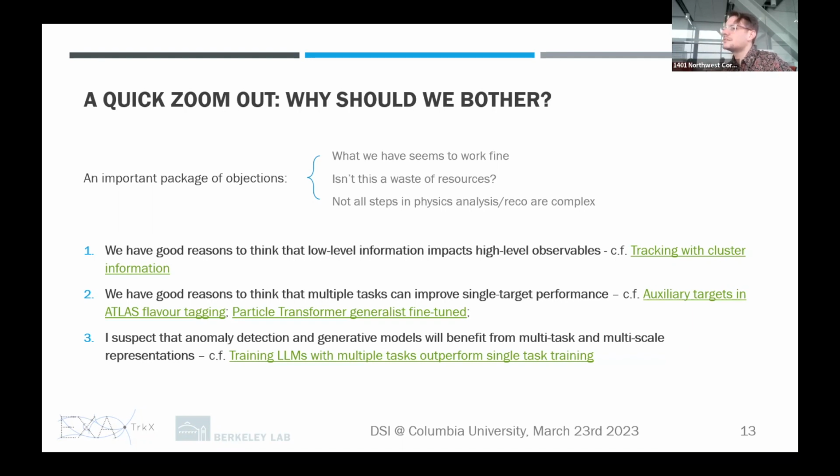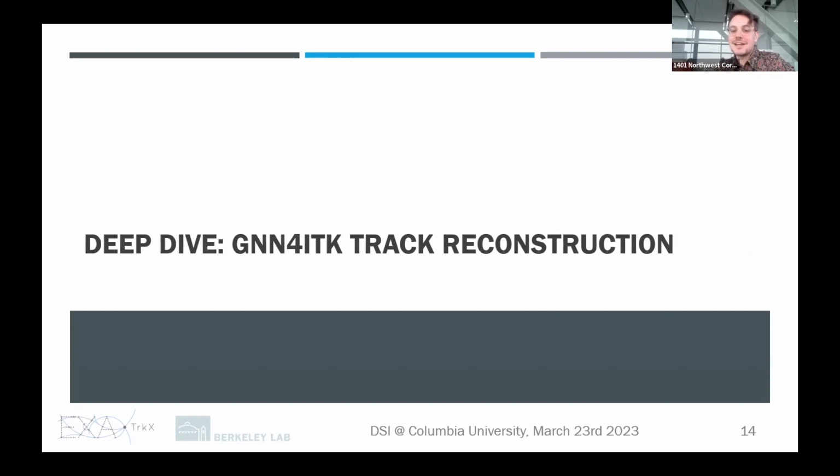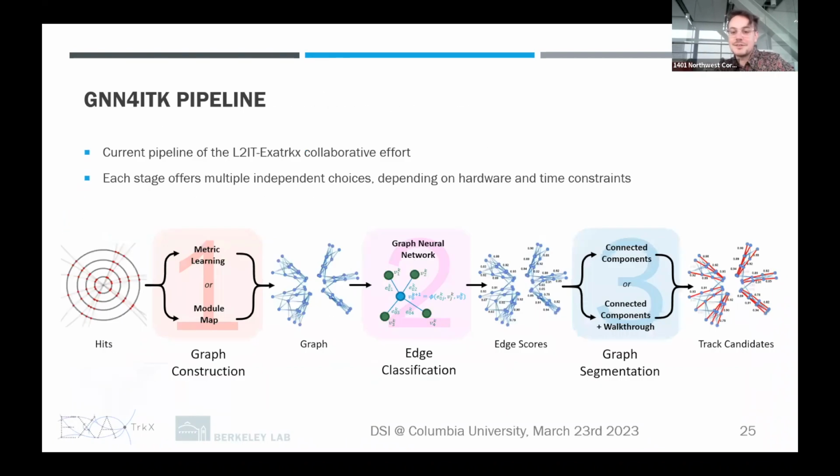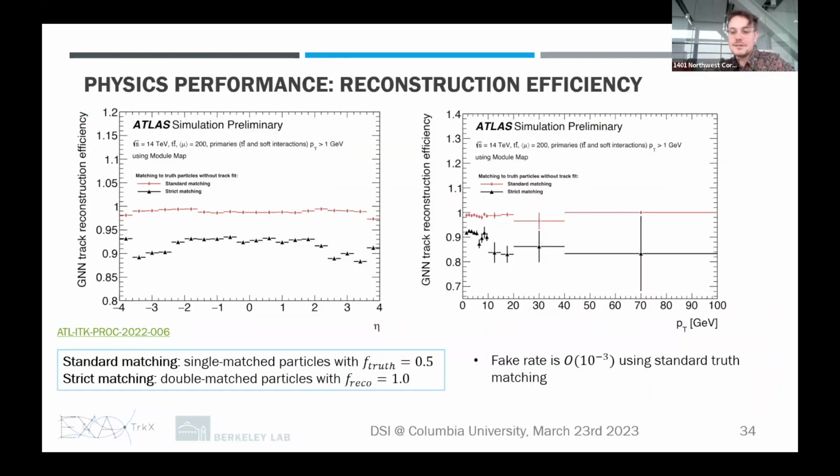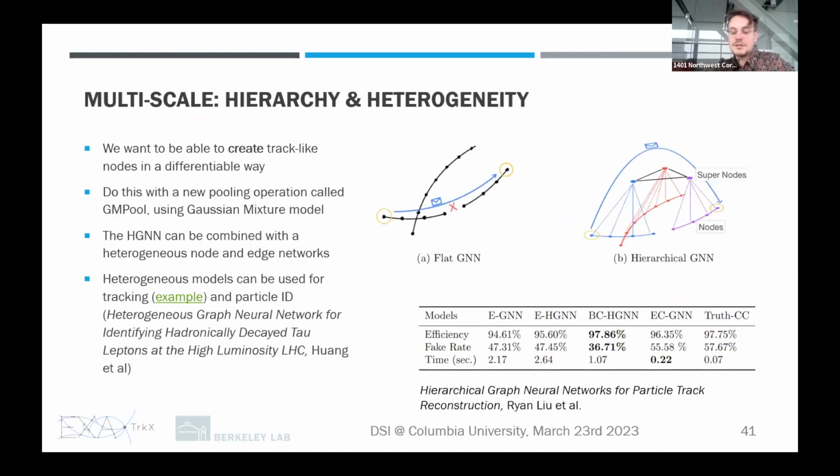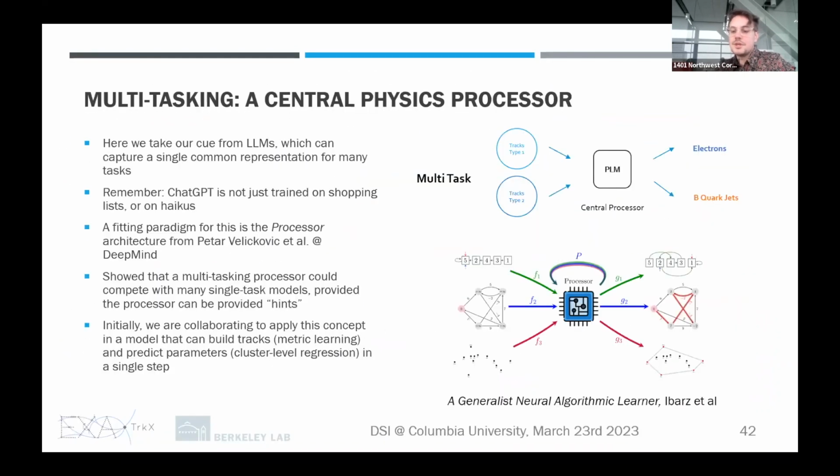Yeah, I think that's tricky, and I don't have evidence that it's possible yet. This is kind of why I'm excited about the processor idea, which is that your central processor is hopefully just a model that understands particle physics.